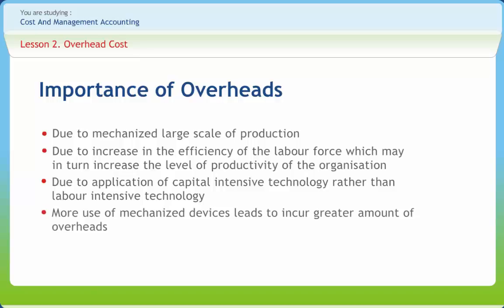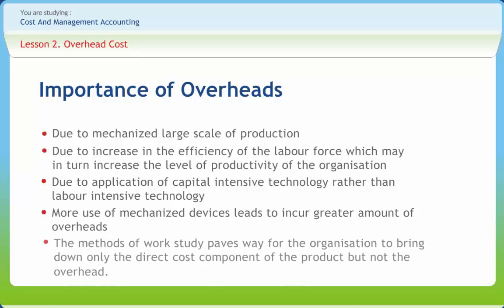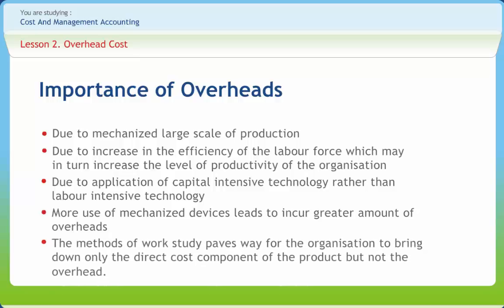More use of mechanized devices leads to incurring a great amount of overheads due to greater depreciation, maintenance charges, fuel, oil, power, and so on. The methods of work study pave the way for the organization to bring down only the direct cost component of the product but not the overhead. That is why overhead costing plays a vital role in costing and management accounting.